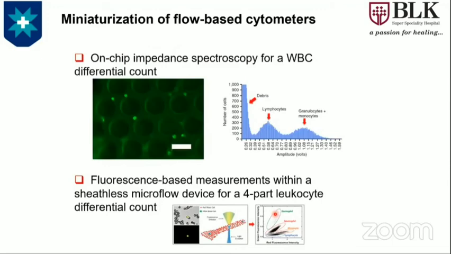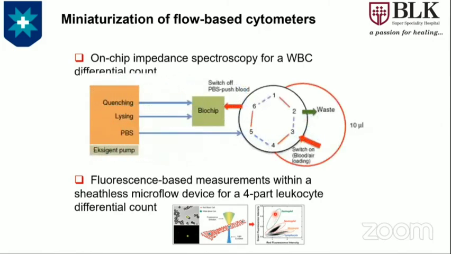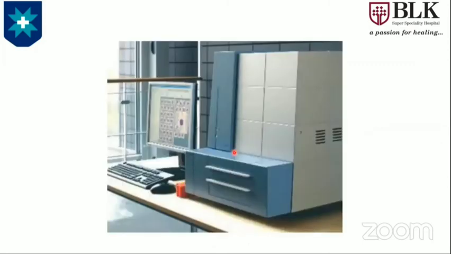There is also miniaturization of flow cytometry based devices for measuring cells, and in fact, chip based impedance spectroscopy for WBC differential count. Even a four-part leukocyte differential count is already happening, all in a very small biochip, wherein you put a small drop of blood and it gives you the entire counting in the smallest possible way.